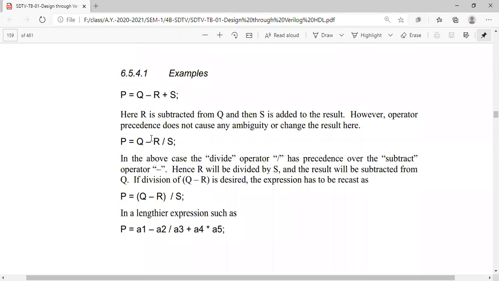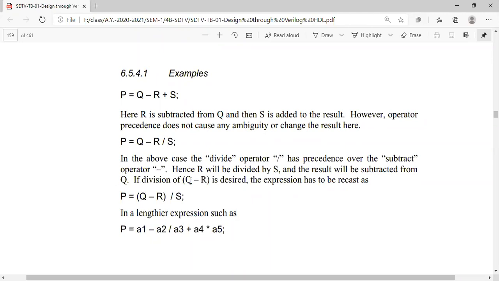First I have to perform R by S, then I will get a value, and I have to subtract that value from Q, right? First R will be divided by S and the result will be subtracted from Q.